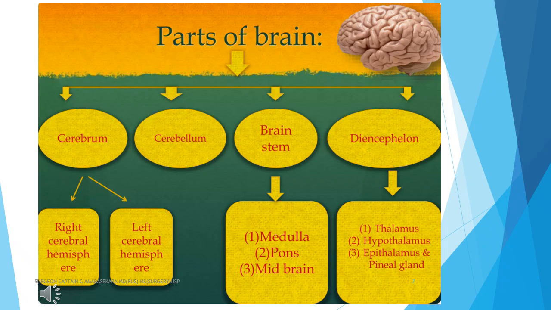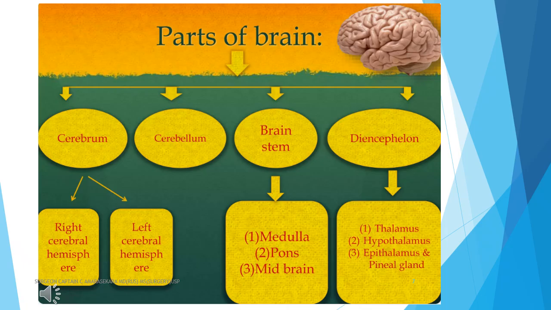So now, finally, the diencephalon. It houses the thalamus. This thalamus is the relay station for sensory input except olfaction. A lesion causes thalamic pain syndrome. Then the hypothalamus.